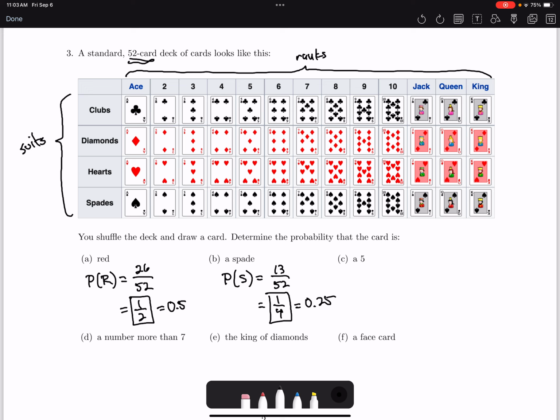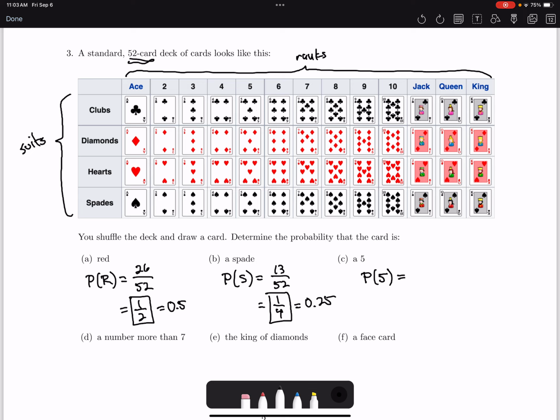Part C asks, what's the probability that the card is a 5? So probability that the card is a 5. Well, there are 4 5s in the deck, right? 1, 2, 3, 4.